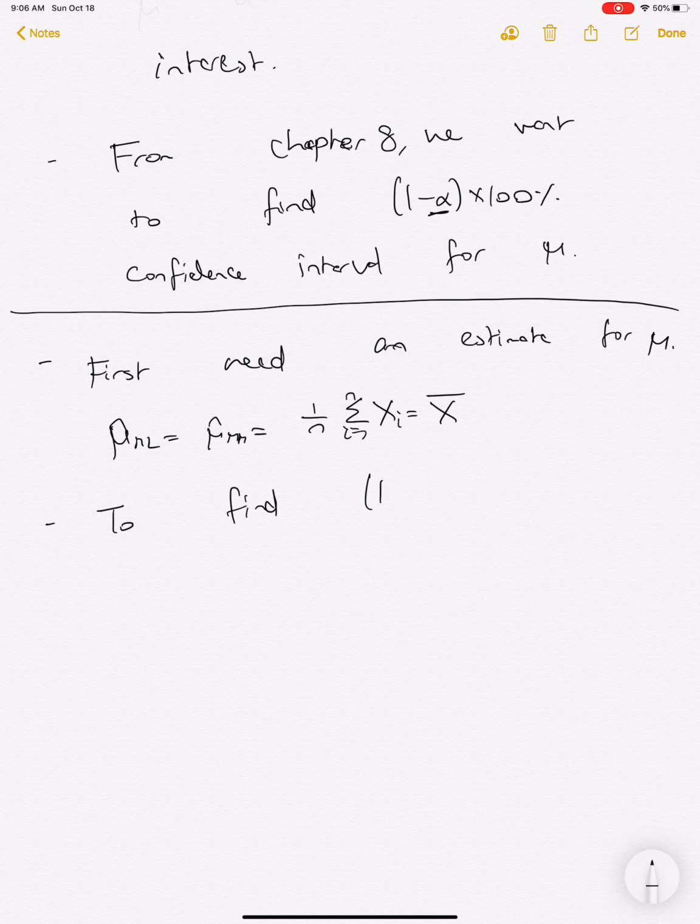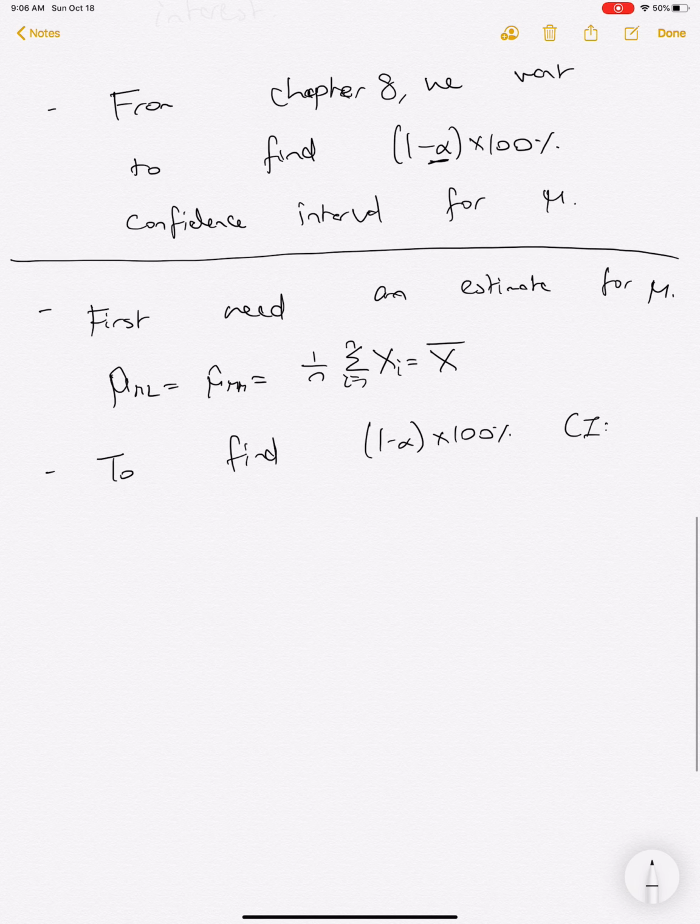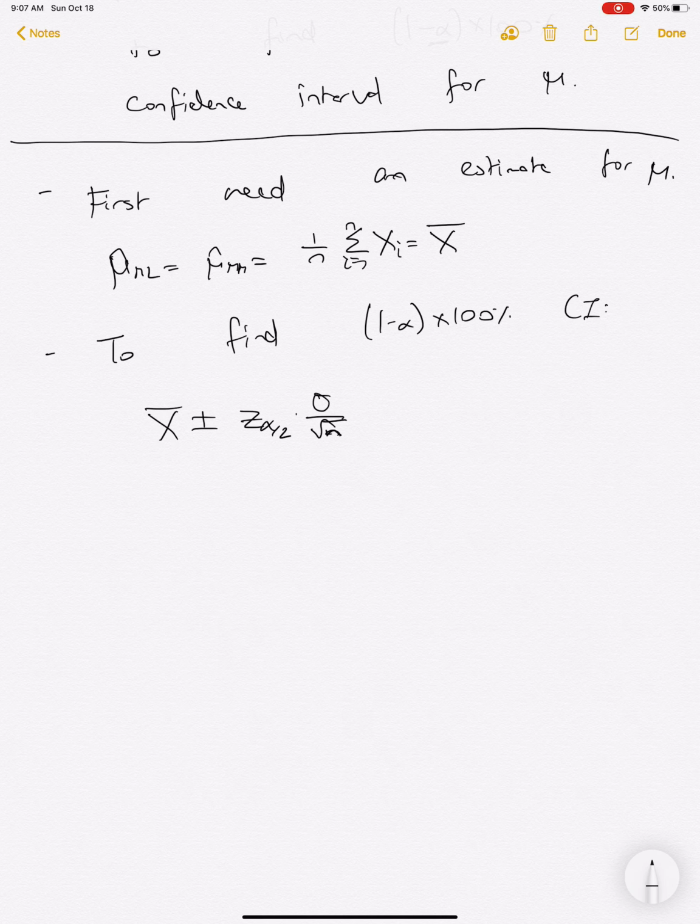Then to find the 1 minus alpha times 100% confidence interval, you can write this as x bar plus or minus z alpha over 2 times sigma over square root of n. This is a calculation we've already done, and this is for mu.